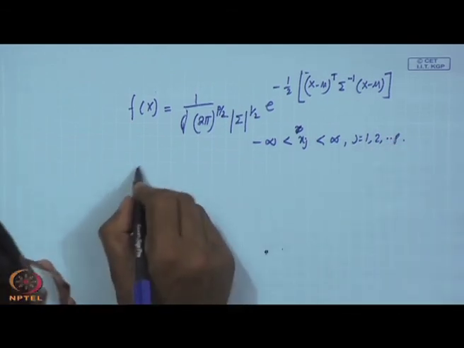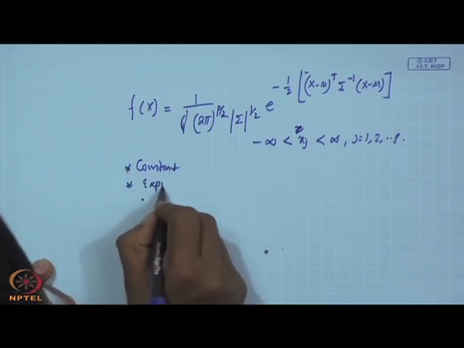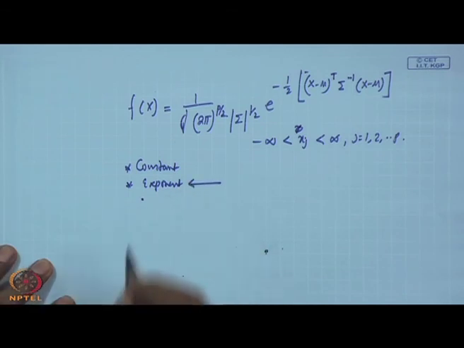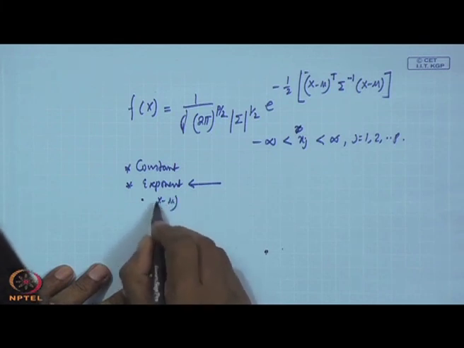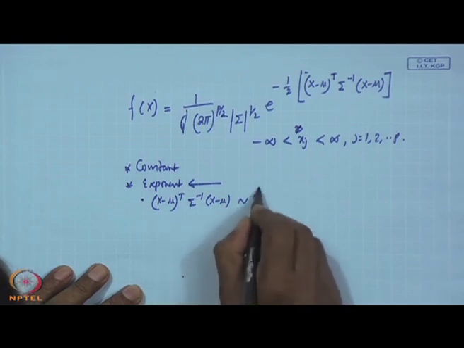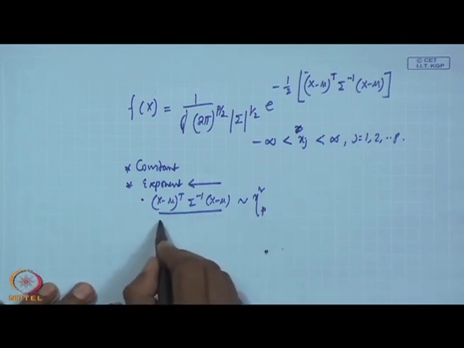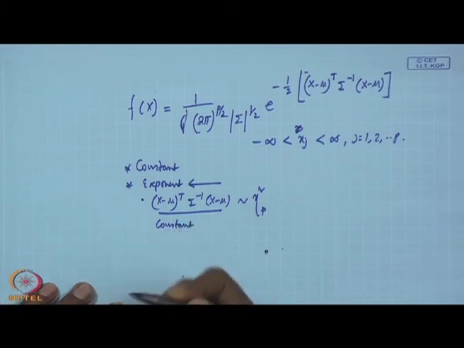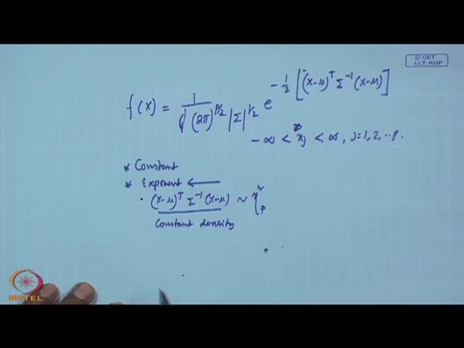There are two parts, one is the constant and another one is the exponent, and it is the exponent which is very important. The exponent part, (x minus mu) transpose sigma inverse (x minus mu), follows chi-square p. This will give you the constant density.